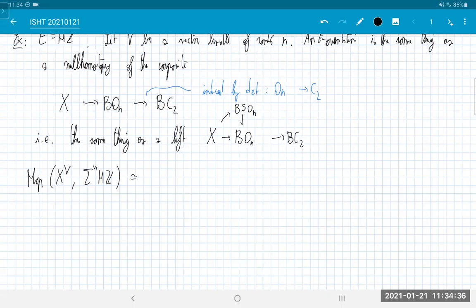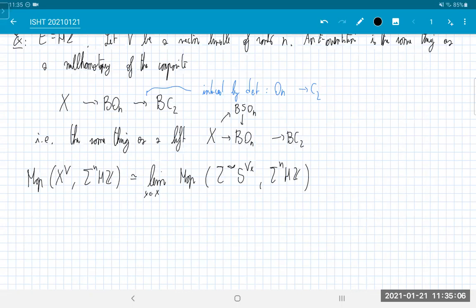As before, this is the limit for X in X of maps of, well, let me denote, it's a bit abusive notation. This is the notation I told you for a space. I'm using it for its suspension spectrum, but let me be pedantically annoying and put sigma infinity SV, the sigma HZ here.